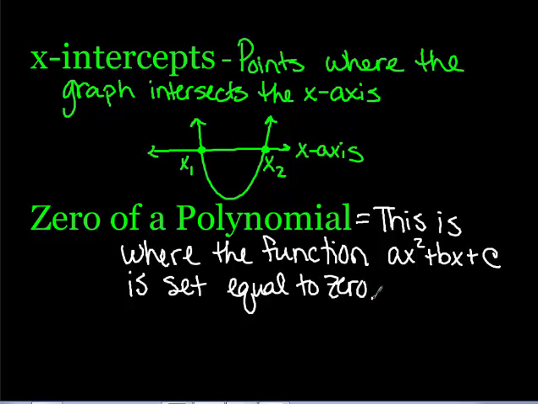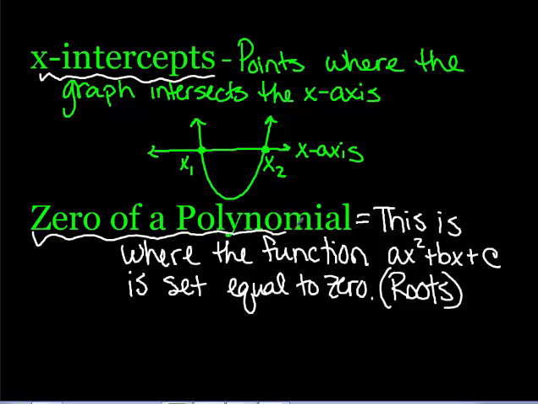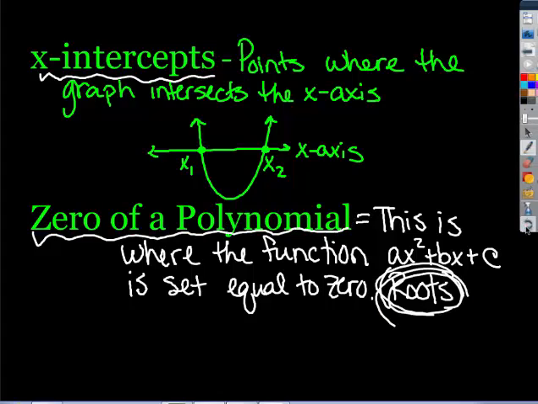Okay. Now since it's set equal to 0, we can then find the zeros of the polynomial, also known as roots. So there are a couple different ways. We can either say x-intercepts, we can say zeros of a polynomial, or we can say roots. All of these things mean the same exact thing. All of them mean our x-intercepts.